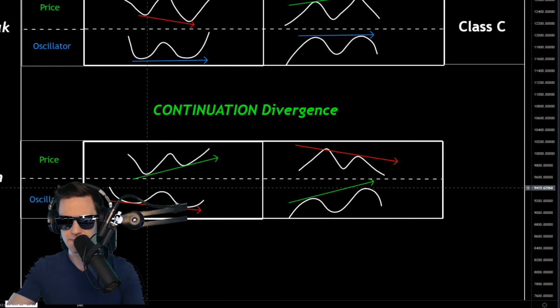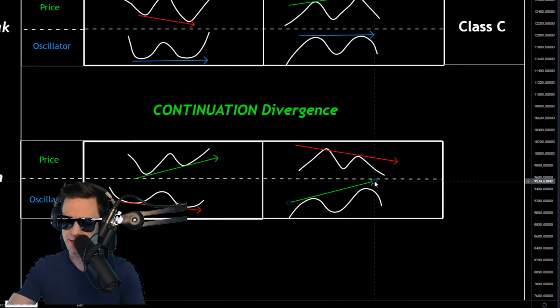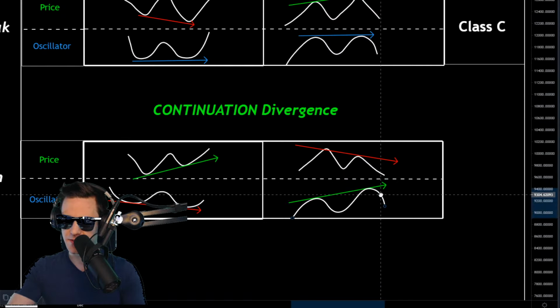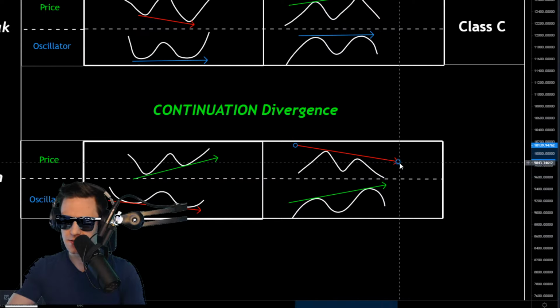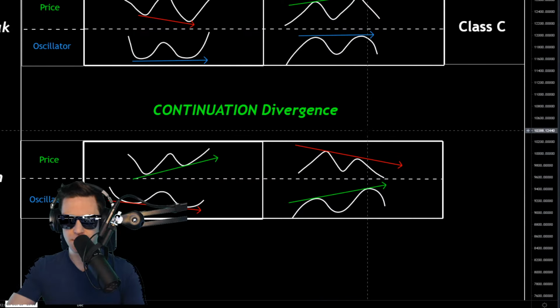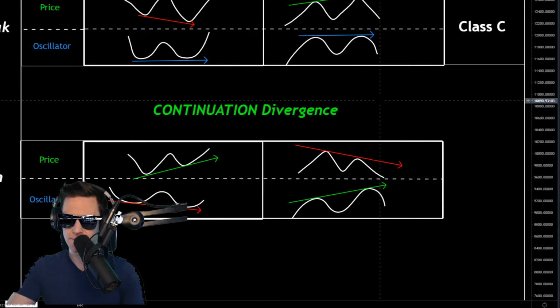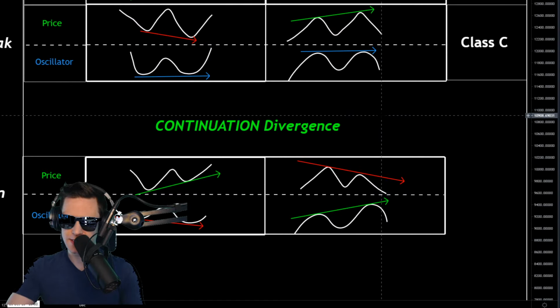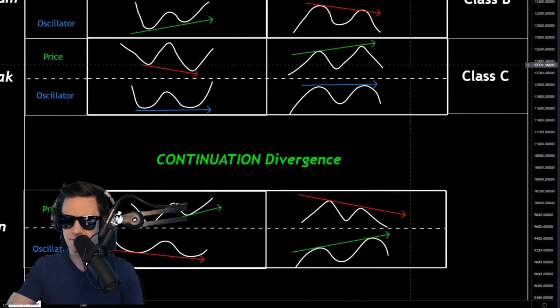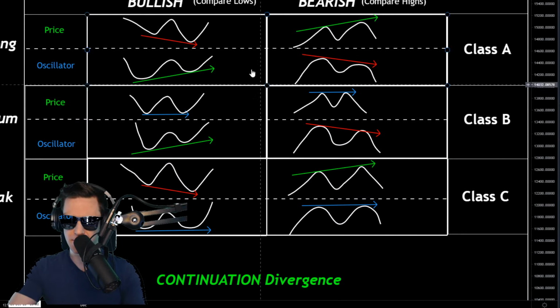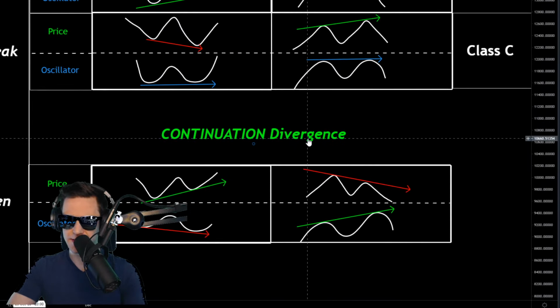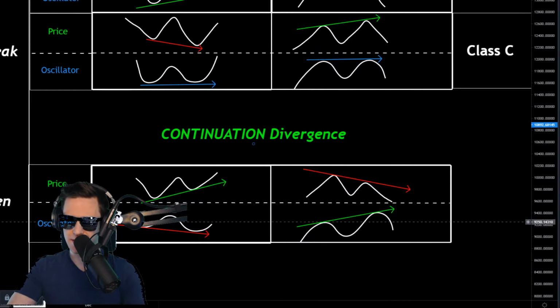So maybe it's because it's showing exhaustion in markets, and I feel like exhaustion is a very valuable thing to be able to identify. That's probably what it is. Okay, so those are our two types. That's pretty much the full rundown. We have reversal divergence, class A, B, and C, or strong, medium, and weak. We have bullish and bearish, and we have continuation divergence, or hidden bullish divergence and hidden bearish divergence.